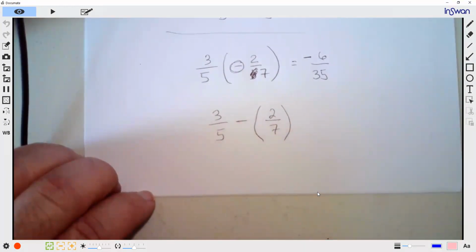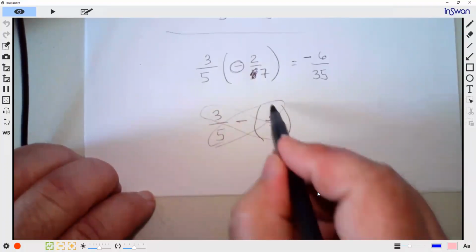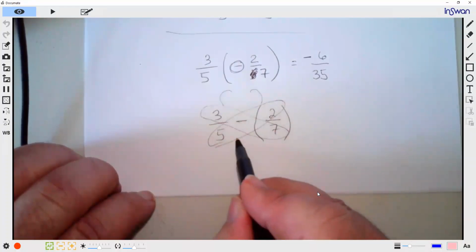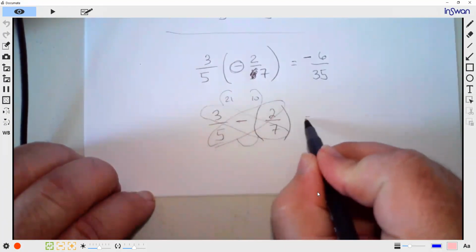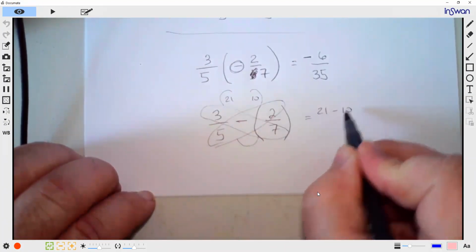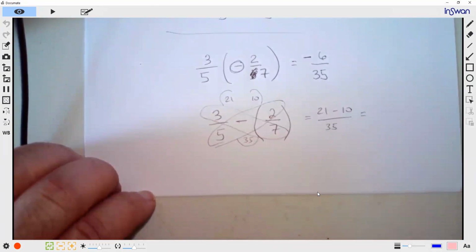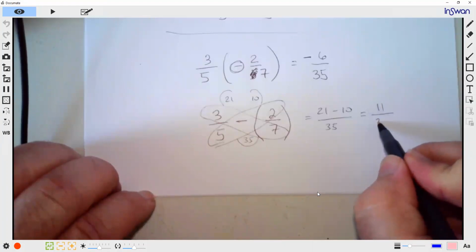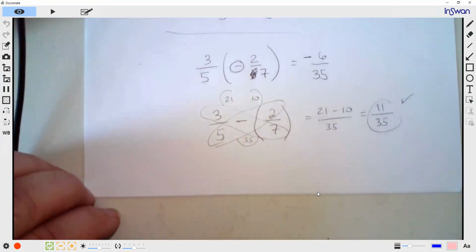It's a subtraction problem, so we'll use the butterfly. 3 times 7 is 21 and 10, and then you put that on the top. And then 35 would be on the bottom. Perfect. So 11 over 35. Excellent.